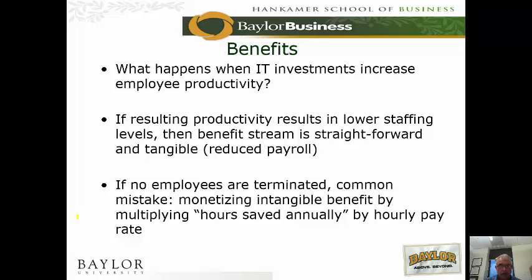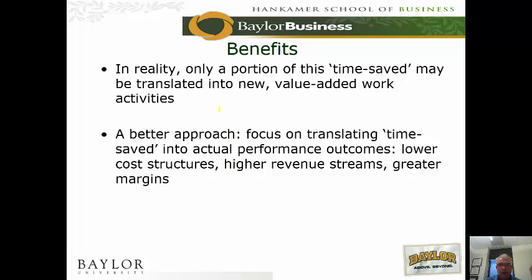I think a common mistake is simply saying, we're going to monetize this by multiplying hours saved annually by the hourly pay rate. This is the benefit, where you may not actually be realizing that benefit. So that's just a word of caution, if I'm making sense at all with that. In reality, maybe only a portion of this time saved may be translated into new value-added work activities.